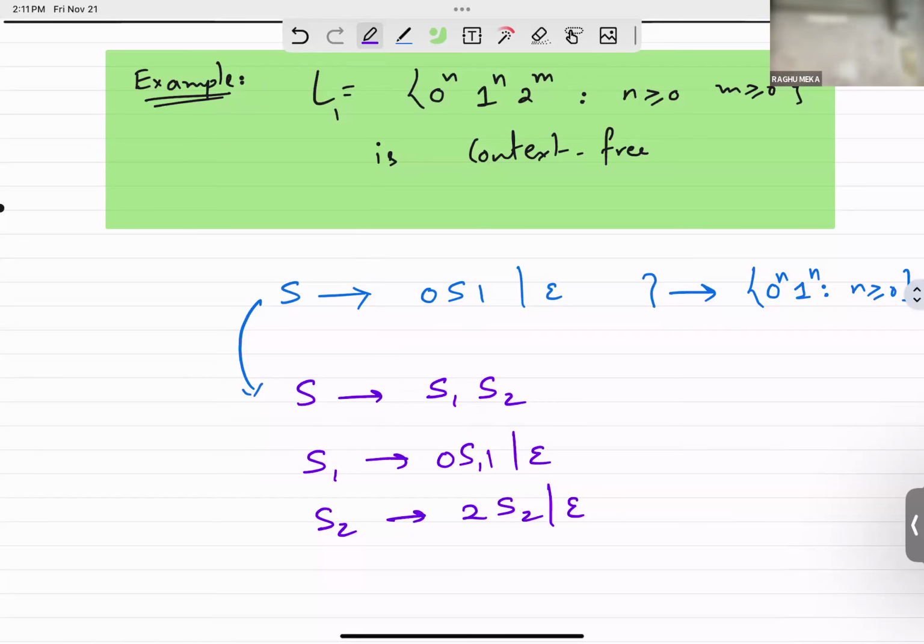So this part is just generating the same thing, 0 to the n, 1 to the n. And now I have S2, which is basically going to generate as many 2's as you want, right? This is how we argue that if I concatenate two languages, it'll still be a context-free grammar, right? Okay.